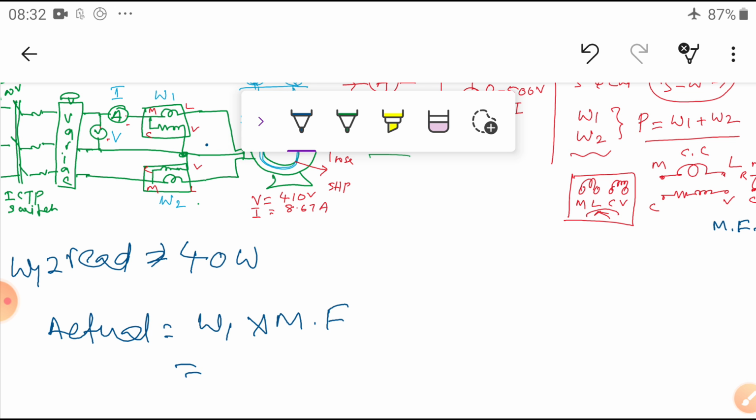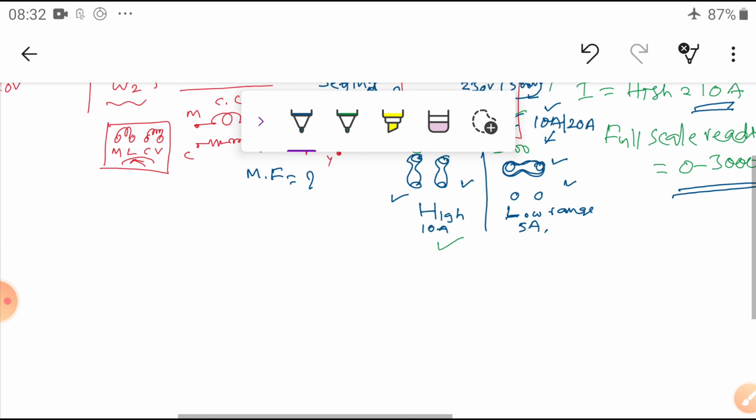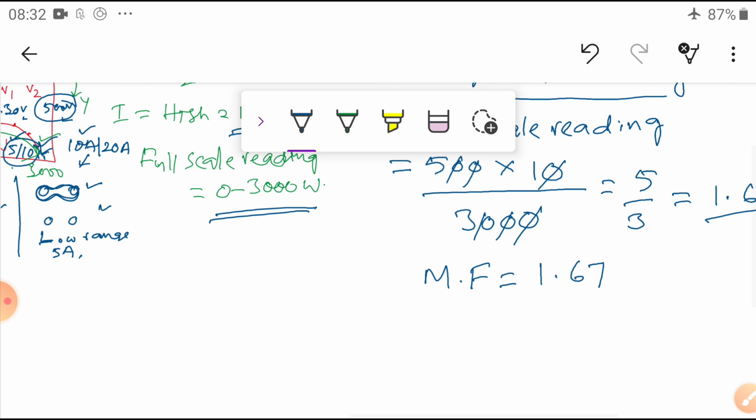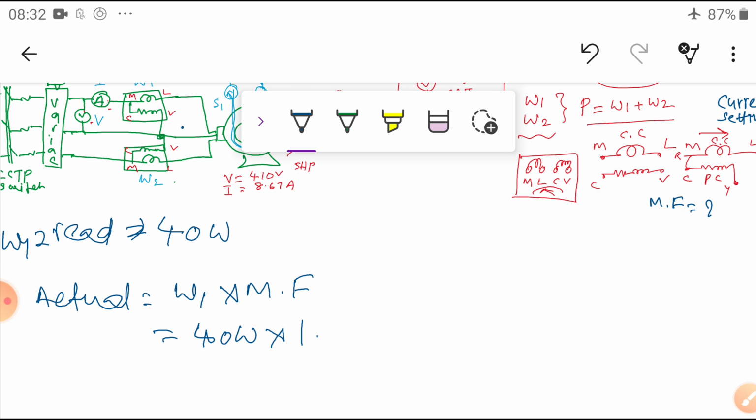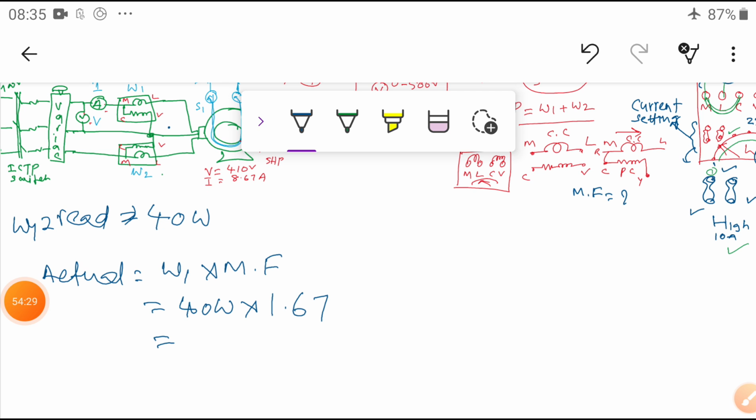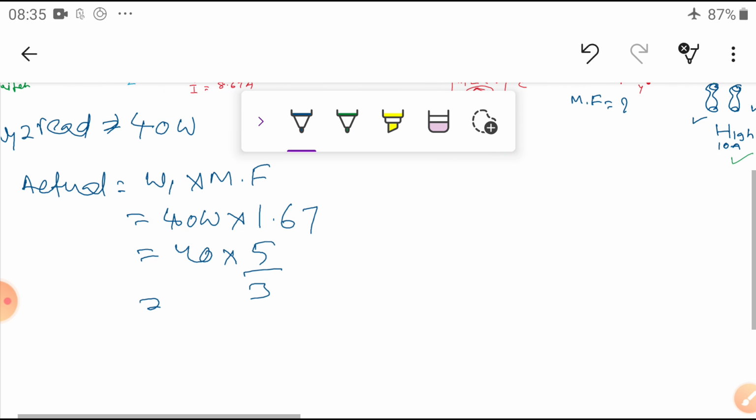So, what is W1? 40 watts. What is the multiplication factor? We have got 1.67. We multiply by 1.67, then I am going to get the actual value. So, what is the value here? 40 into 1.66, that is the 5 by 3 we got. This is equal to 200 by 3.